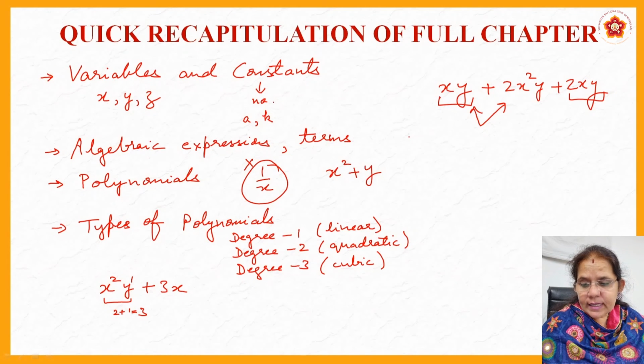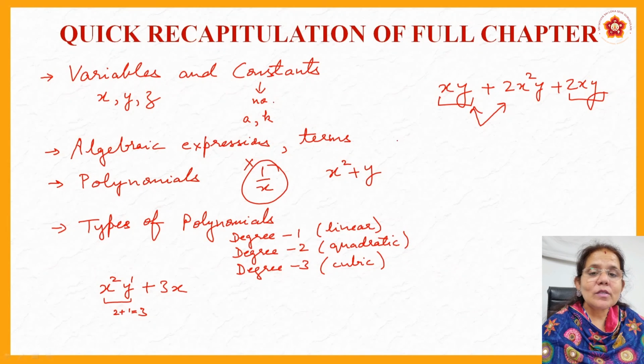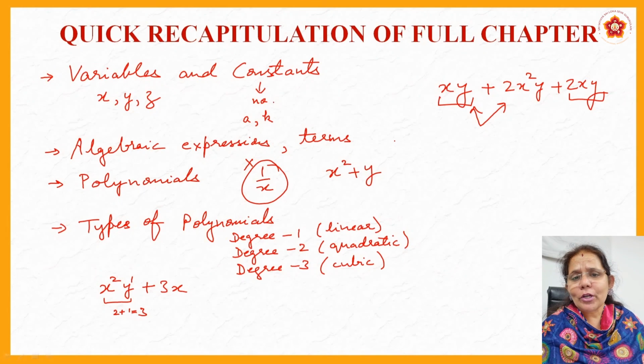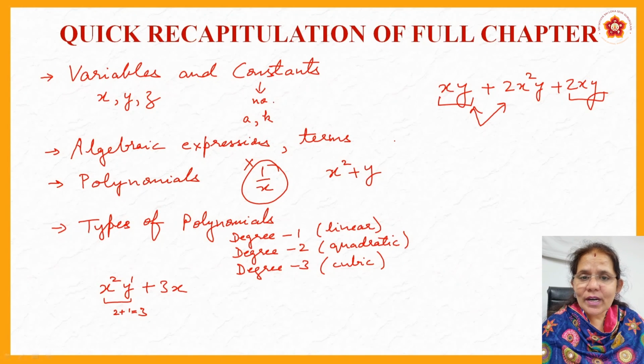Then we discussed value of a polynomial, how to find the value of the polynomial, and also the zero of the polynomial. When we are finding the value of a polynomial, given a polynomial, we have to find the value at a particular point. So whatever point is given to us, if it is given x is equal to 1, put the value in the given polynomial.